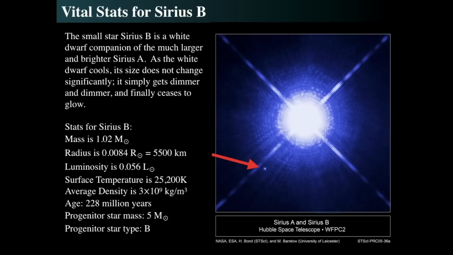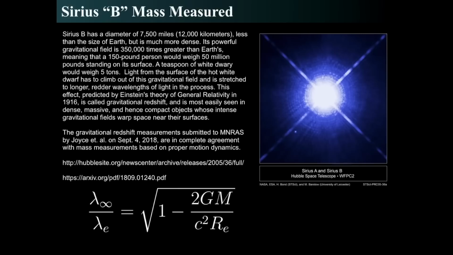The progenitor mass of Sirius B was about 5 solar masses, so we know that in the process of losing mass, it lost 4 solar masses, or a good 80% of the mass of the star was lost in the evolution of the star. So about 4 solar masses of the material was lost to space as a planetary nebula, and the progenitor star was probably a B-type star.